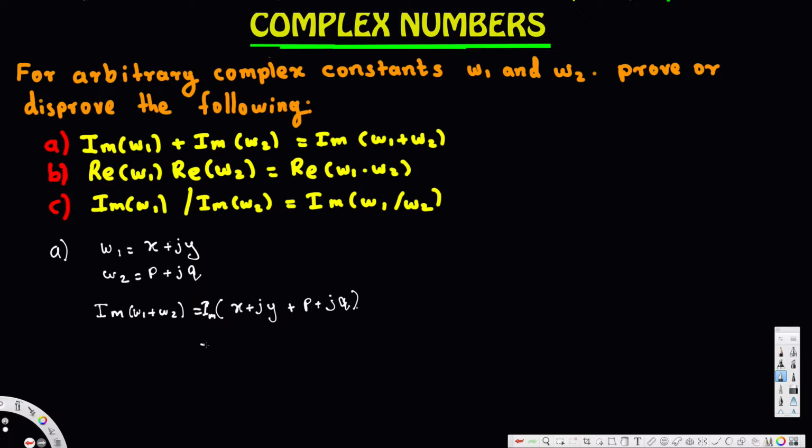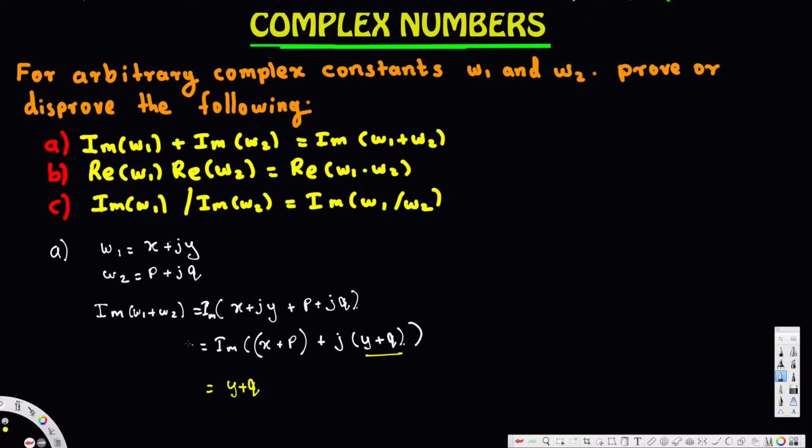And from this you can see x plus p is the real part, plus j times y plus rho. So we are looking for the imaginary part. This is the real part, and this is the only imaginary part. So the imaginary part is going to be y plus rho.